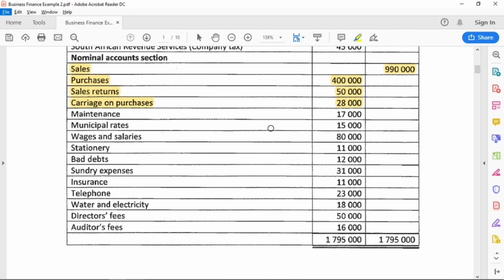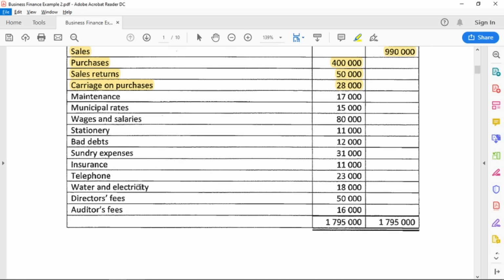We put it under operating expenses. But anything that pertains to inventory, or the carriage on inventory, or the carriage on purchases, we include it as part of our inventory because it's bringing it into a position where we are able to sell that inventory. I hope that has made sense. So we have carriage on purchases, and we have nothing else here pertaining to cost of sales or inventory.